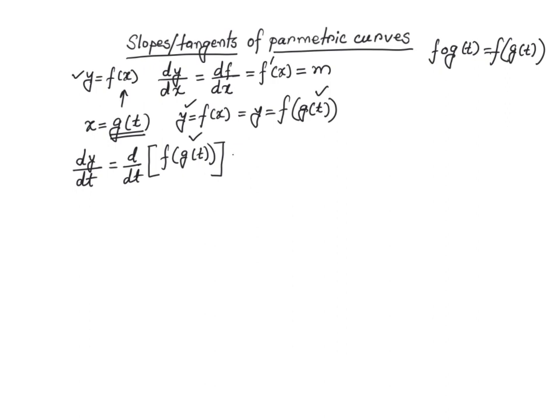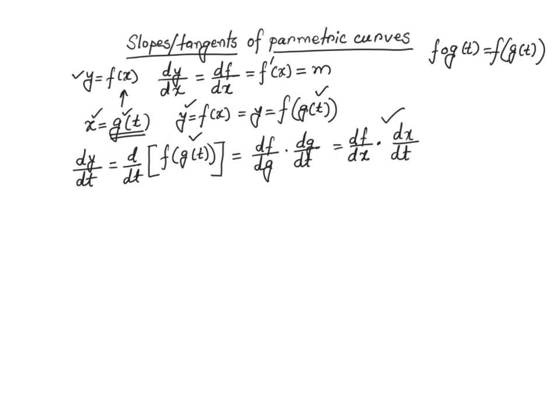Now, if we apply the chain rule, this is what I am going to get. df over dg, g is actually g of t, right? Times dg over dt. Now remember, my g is nothing but x, right? So I will have df over dx, right? Times dx over dt.